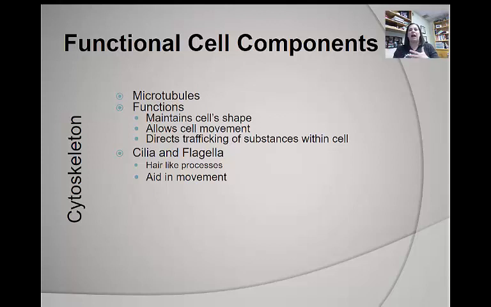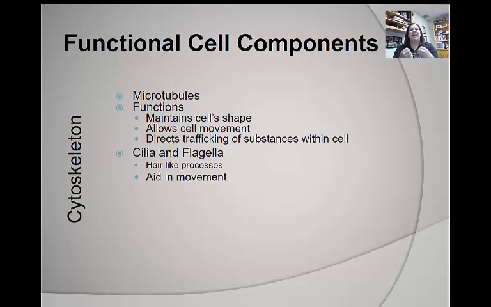Again, it creates kind of like a highway or network, so things can move from one area to the other within the cell. We also see that microtubules are used to make cilia and flagella. The cilia are the hair-like extensions, the really small ones, that help move things across the surface of the cell, whereas the flagellum is a longer extension that whips back and forth for swimming. The only cell in our body as humans that has a flagellum is a sperm cell.